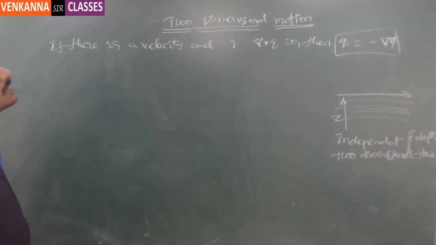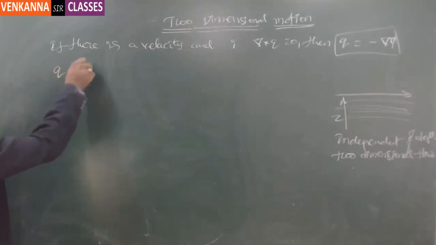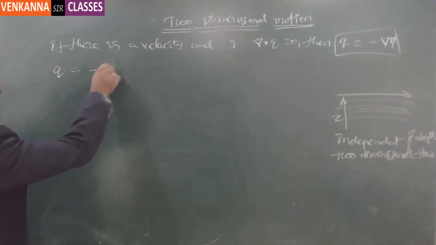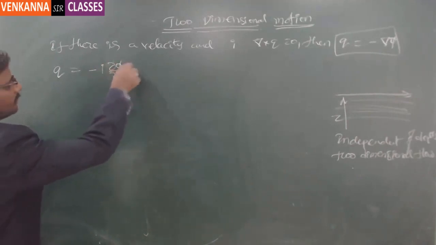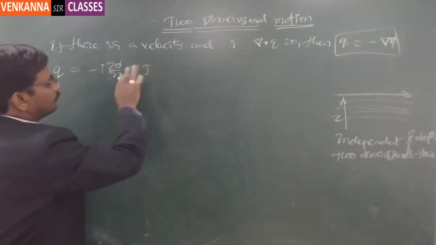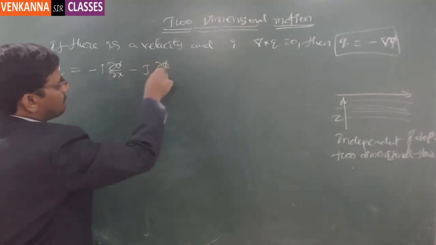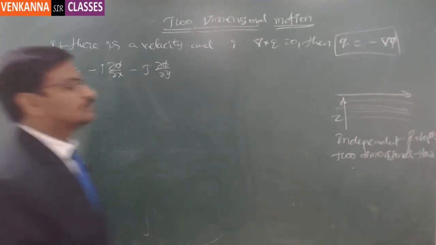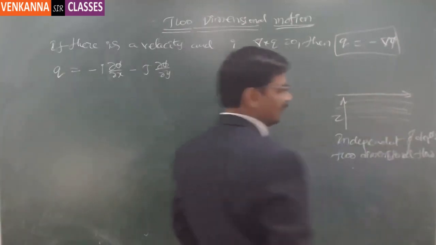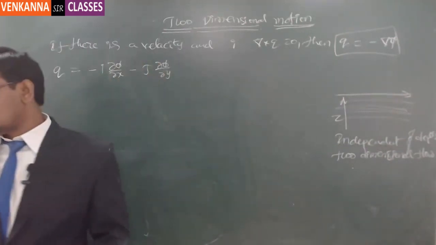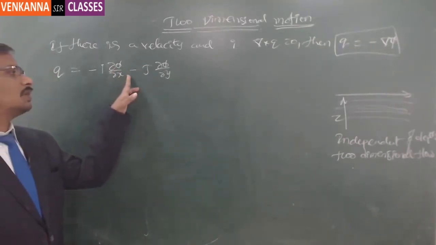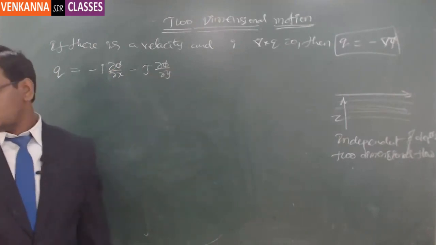Then q is equal to minus of i into dou phi by dou x plus j into dou phi by dou y. The k component is not there, why? Because we have completely ignored one dimension, that is the z component. So this can be expressed as minus dou phi by dou x minus j into dou phi by dou y.